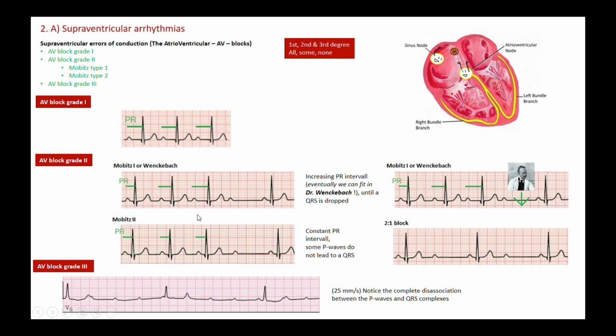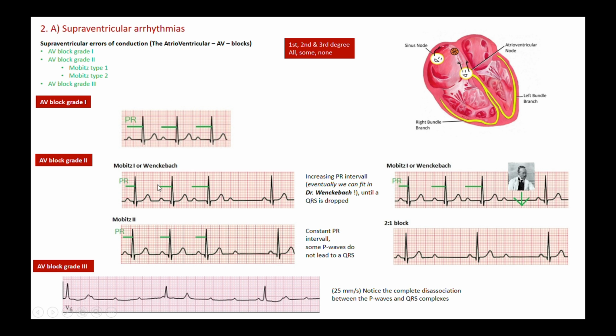Now, don't be alarmed by the different Mobitzes, because they are also kind of straightforward to distinguish if you have this nice memory tool. When we're talking about Mobitz or Wenckebach, Dr. Wenckebach was the guy who first described this type of AV block.